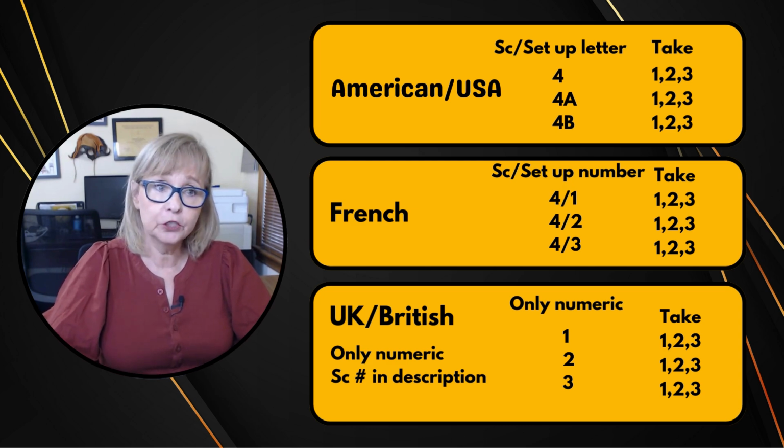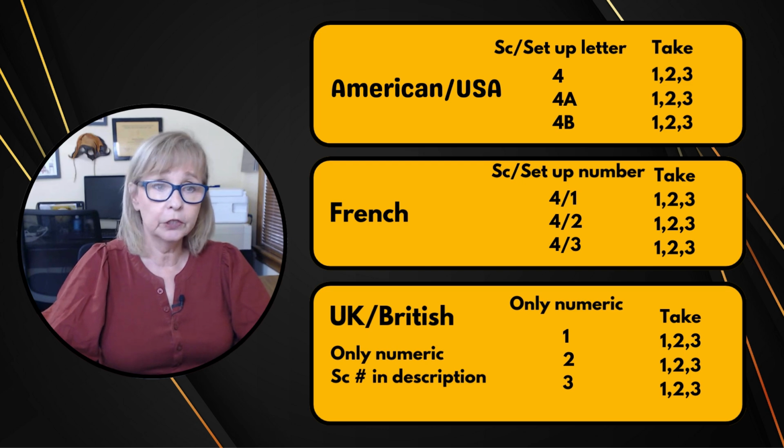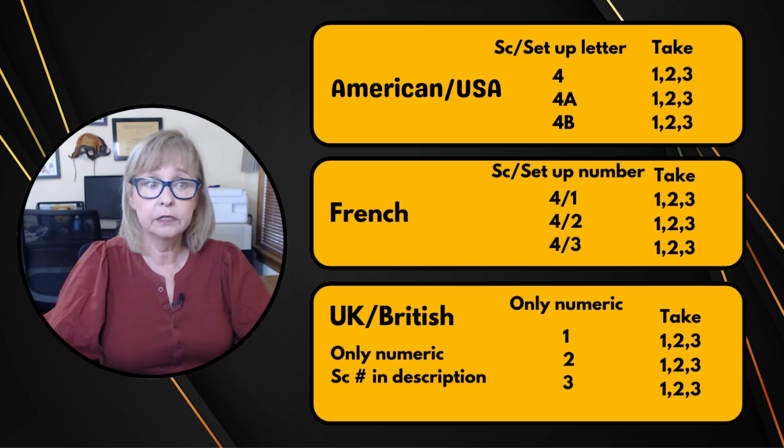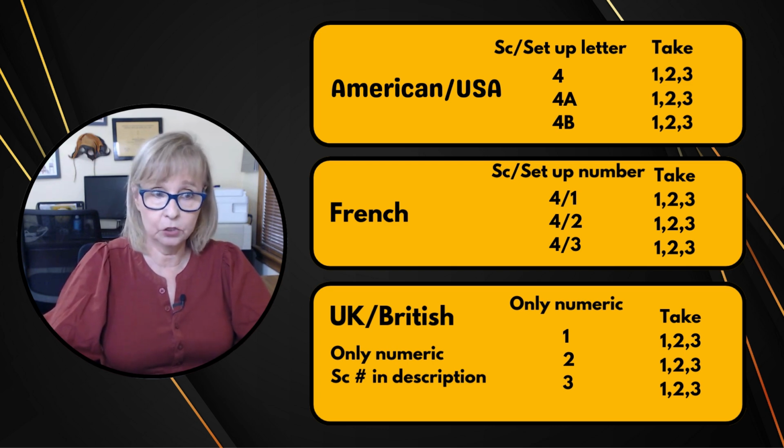In the French version, you have your scene number, and then the setup number is depicted by a number. So if it's scene 4, you're going to say scene 4, setup 1, take 1, take 2, take 3. Scene 4, setup 2, take 1, take 2, take 3, and so on.